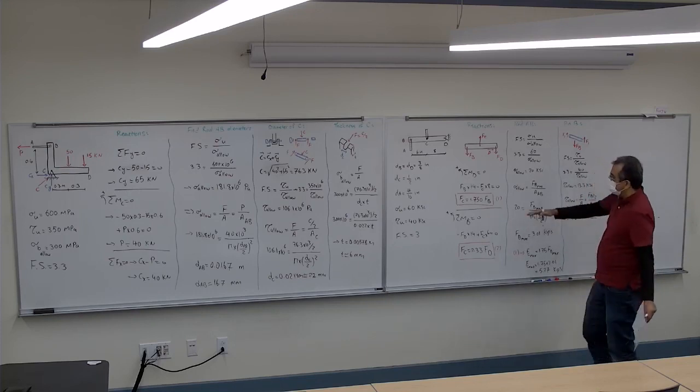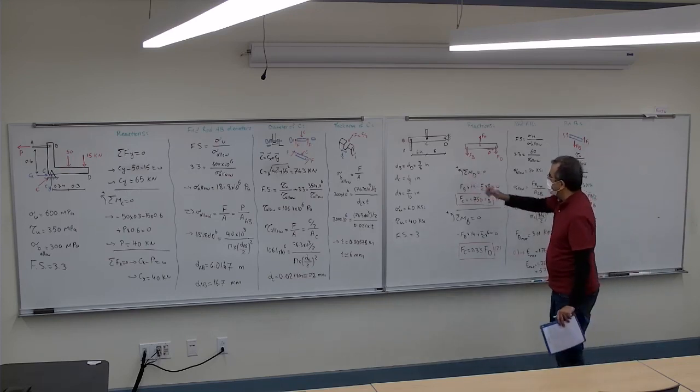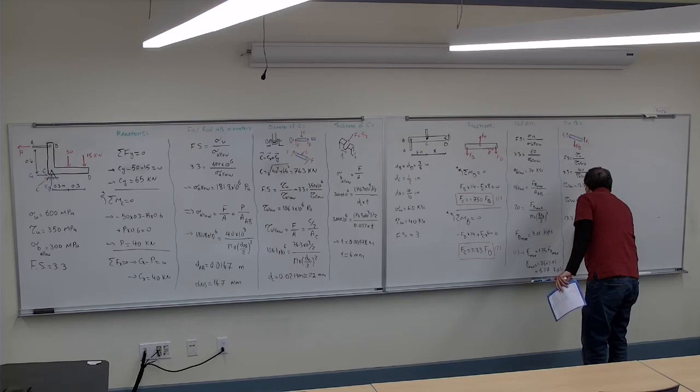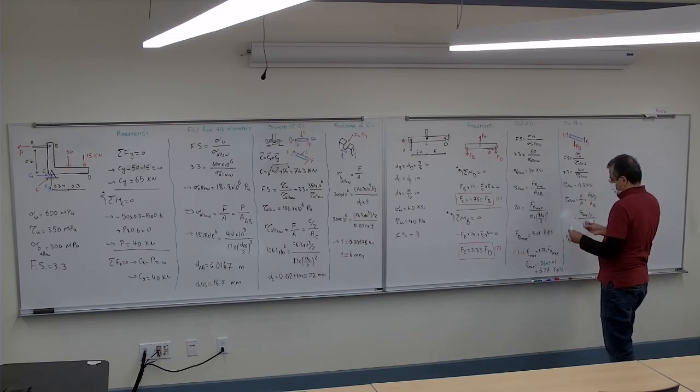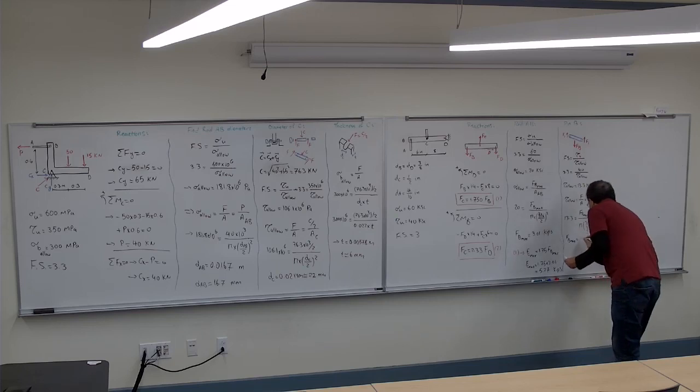How much is the area that I have at the B? It is pi times 3/8 divided by 2, to the power of 2. So FB max would be 2.95 kips.